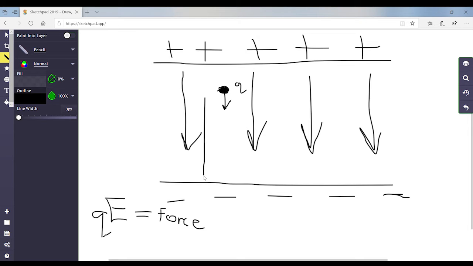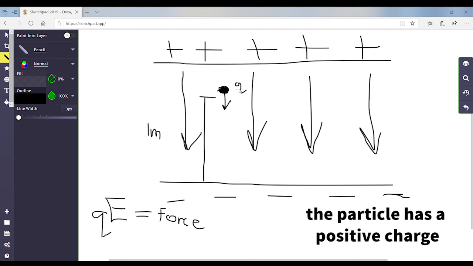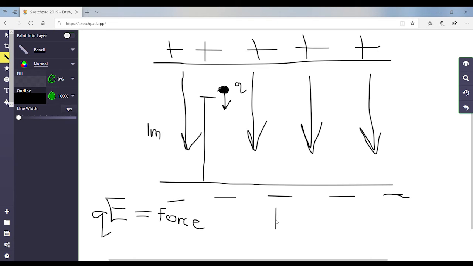That means, let's say this ball is going down 1 meter. So it has 1 meter to go until it's all the way at the negative side. We want to calculate the work, the potential energy of the charged particle. So we can do force times distance, or times 1 meter, equals work.